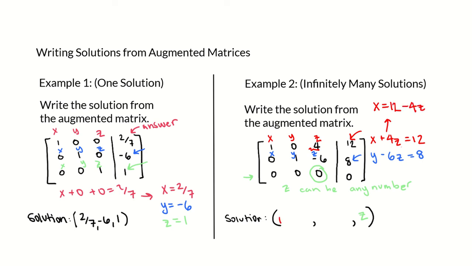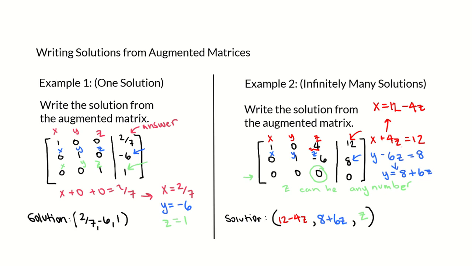And 12 minus 4z is what we write in the x-coordinate of the solution point. And then the y equation, we're going to do the same thing and solve for y, so that would mean adding 6z to both sides to get y equals 8 plus 6z. And that's what we write in the y-coordinate of the solution point.